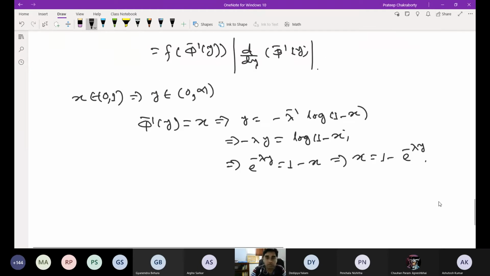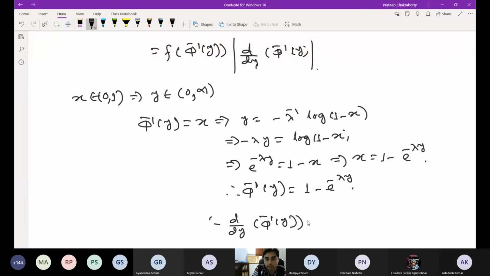So phi inverse of y is equal to 1 minus e power minus lambda y. So d by dy of phi inverse of y is equal to lambda e power minus lambda y.